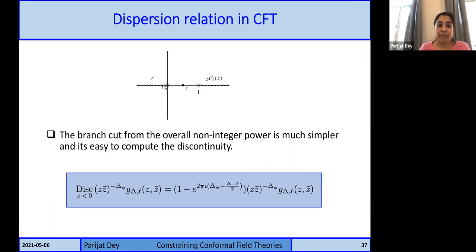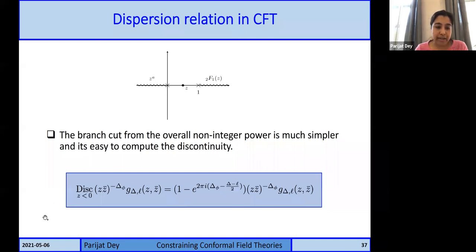Because in the example that we discussed, if we have a branch cut like this, then the discontinuity is only the same function times some phase factor. So the discontinuity of the conformal block when z is less than 0 acquires a phase which depends on the operator dimensions and spin times the same conformal block.